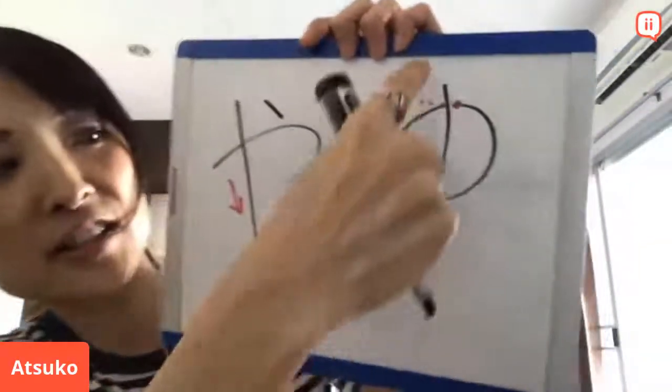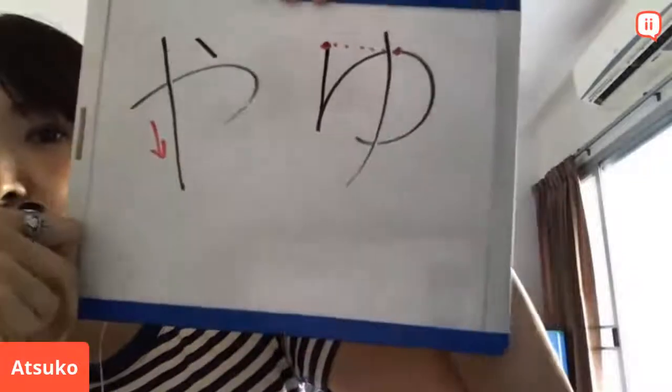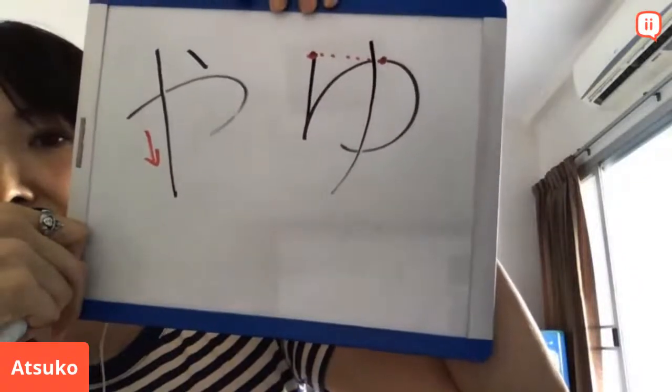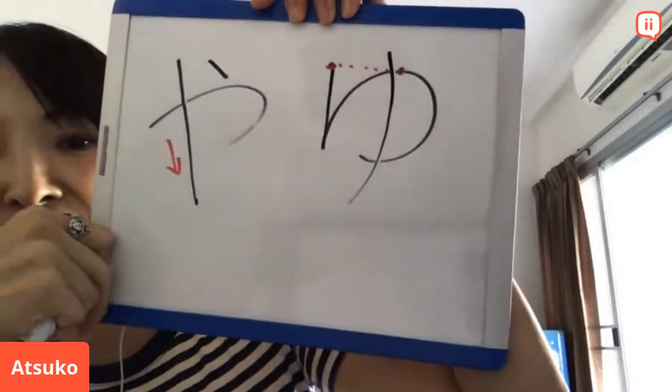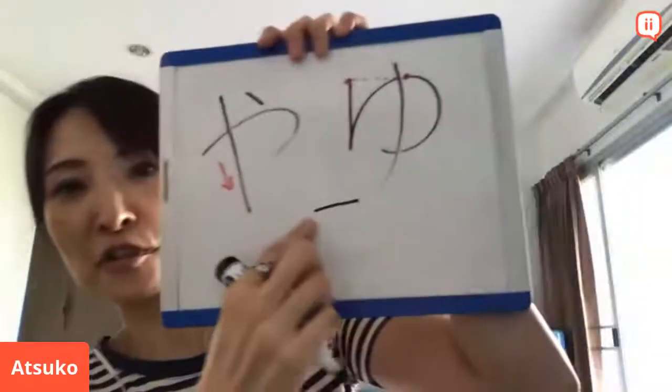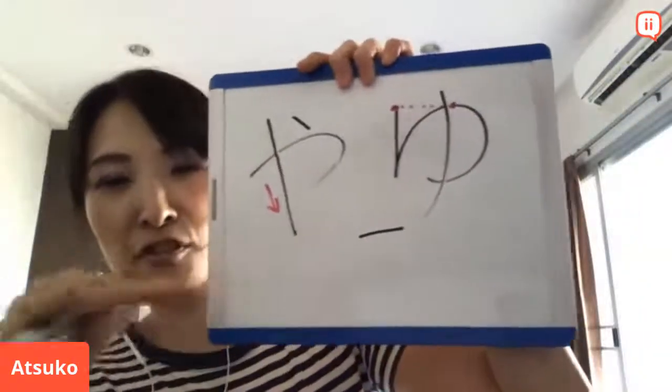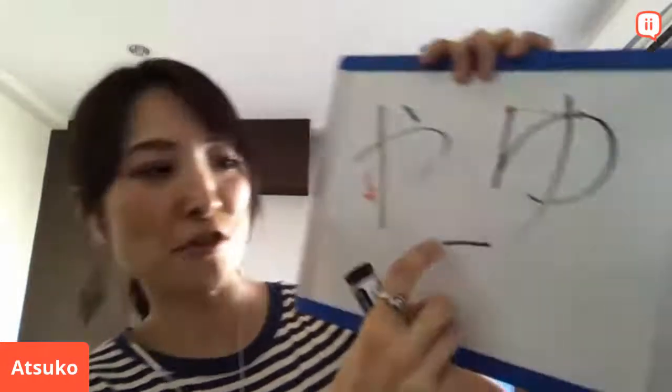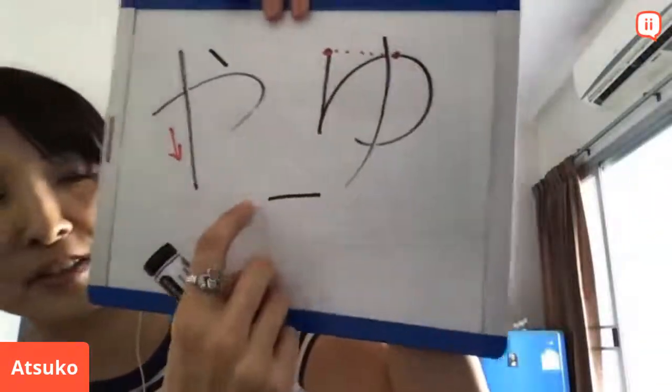Not straight, it's curved and non-stop. Next, yo. This is the first stroke, just go straight to the right. And the second stroke passes this point. The second stroke is on the center.